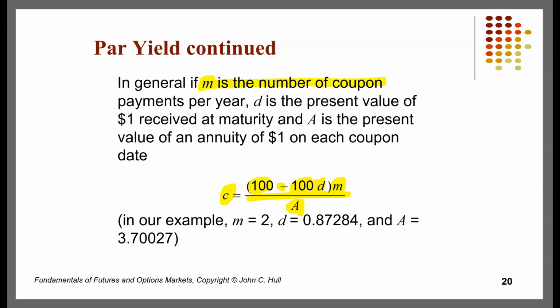M is the number of compounding payments per year, the number of compounding periods. It's a semi-annual problem, so m is going to be equal to 2.